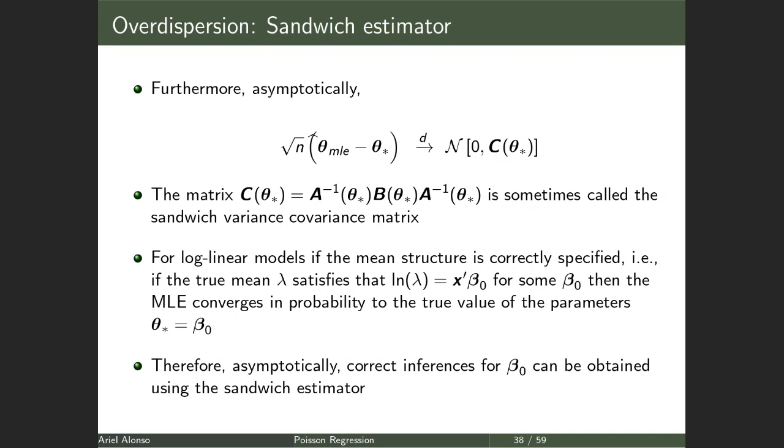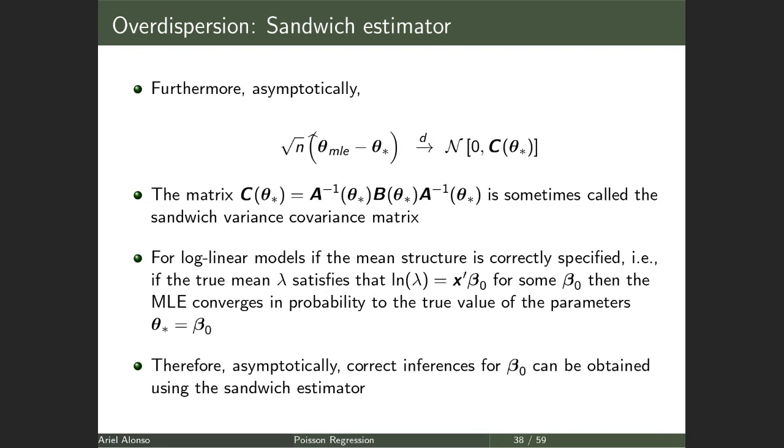Now, here is the detail. For log linear models, if the mean is correctly specified, so if you manage to specify the mean structure correctly, the systematic part correctly. Remember, in GLM, you have the systematic part and the distribution part.